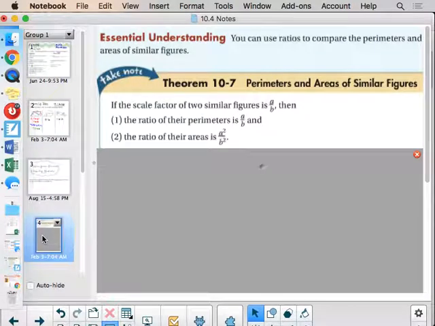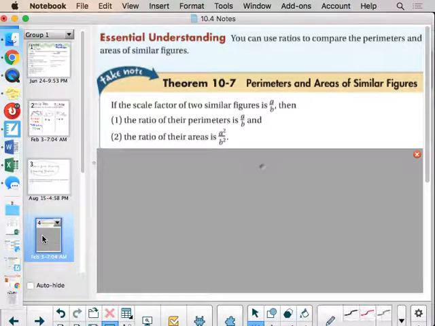All right, here's my big concept for the day. Jimmy already told me if two figures are similar, then their corresponding sides are proportional, which allows me to understand the fact that their perimeters are also proportional. Their areas are also proportional.